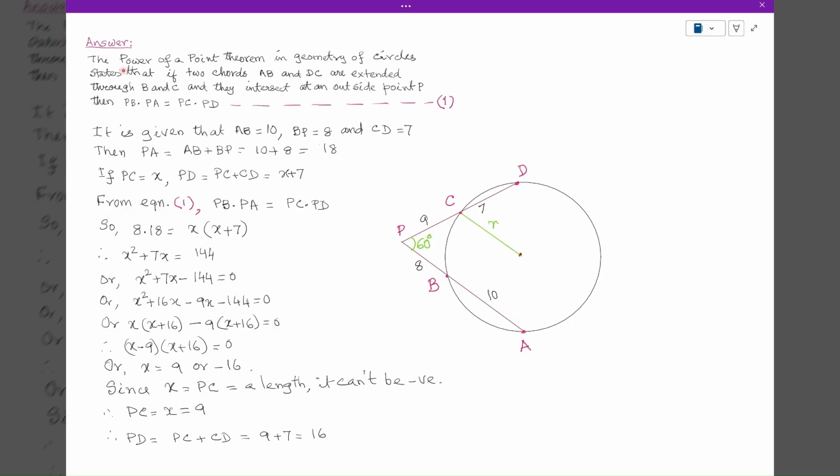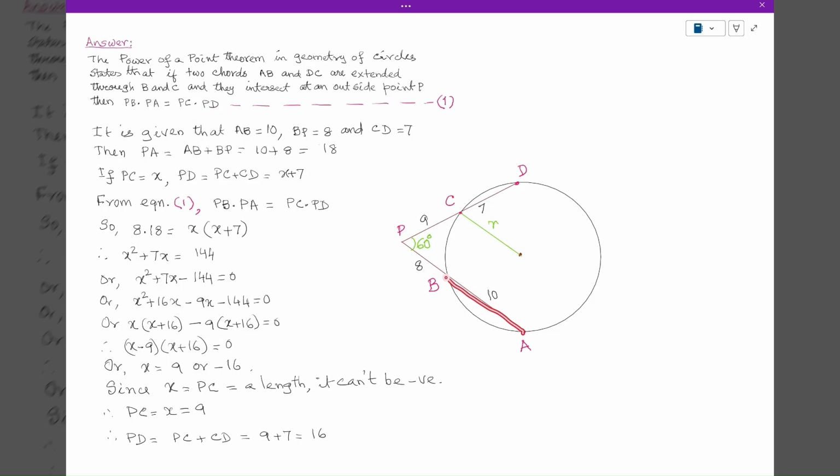The power of a point theorem in geometry of circles states that if two chords AB and DC are extended through B and C and they intersect at an outside point P, then PB multiplied by PA is equal to PC multiplied by PD.